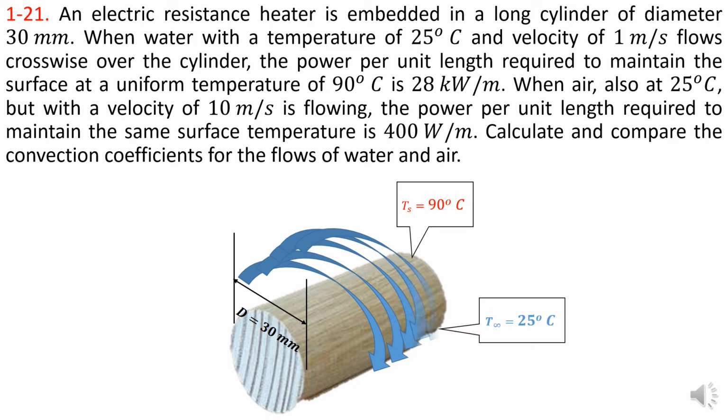It means we require 400 watt per meter power to maintain the cylinder at 90 degrees centigrade when air at 25 degrees centigrade and 10 meter per second flows over the pipe. So in both cases, water and air, we have to calculate the convection coefficients.